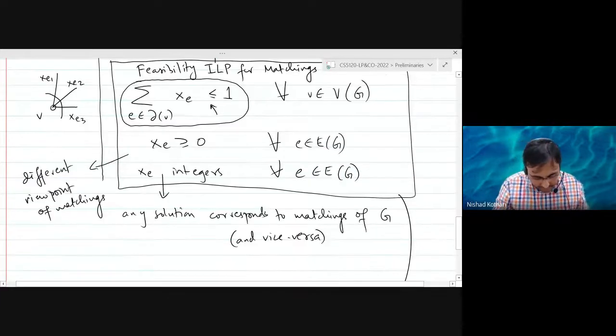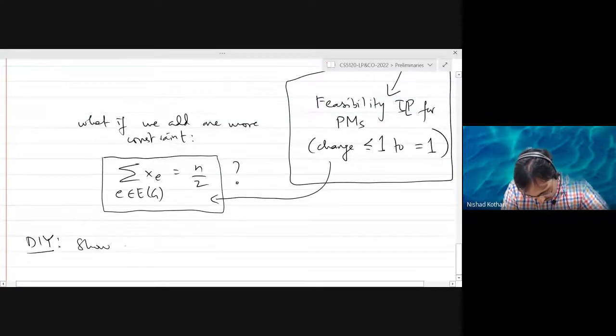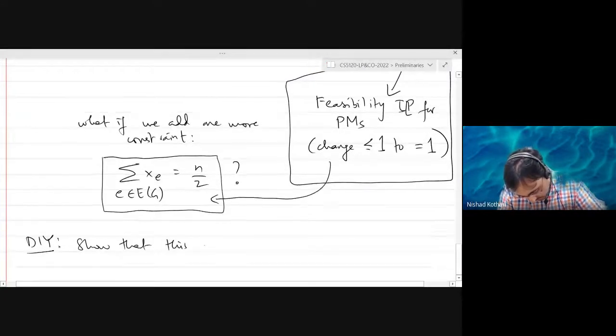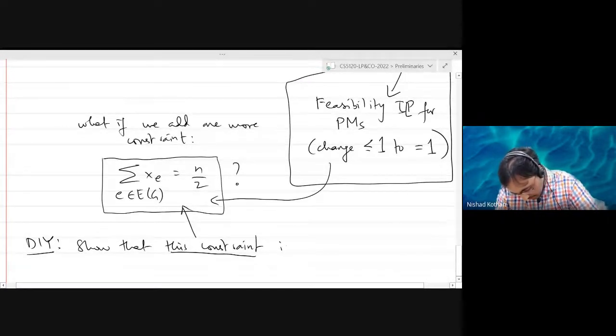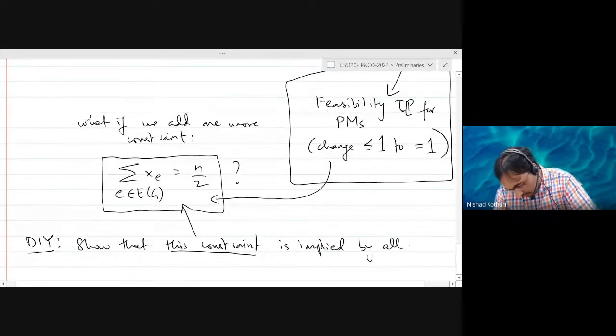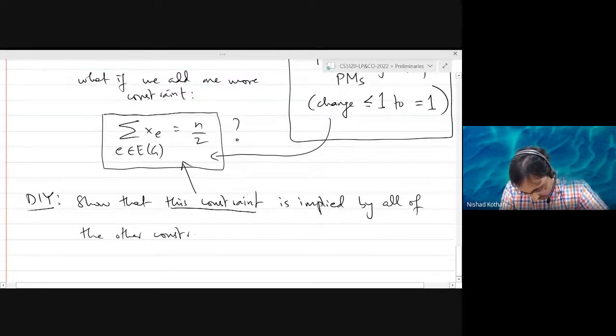I'm going to give this as a do-it-yourself problem. So here is a do-it-yourself problem. Show that this constraint is implied by all of the other constraints. Okay, so this is a good exercise to try out.